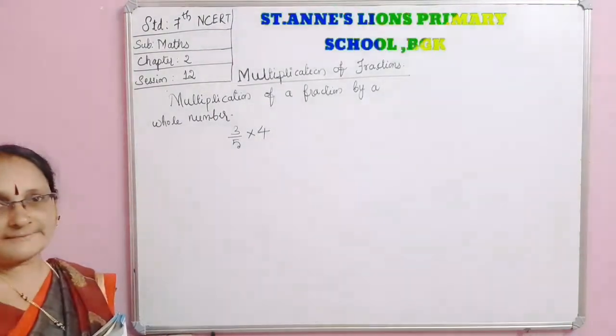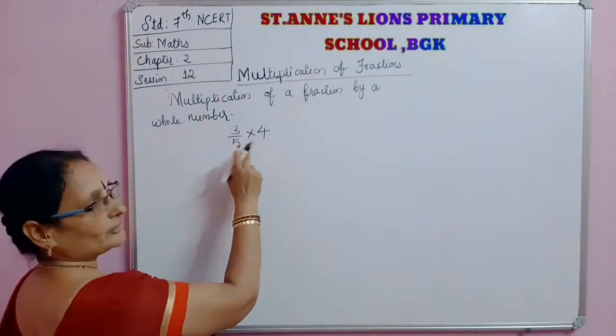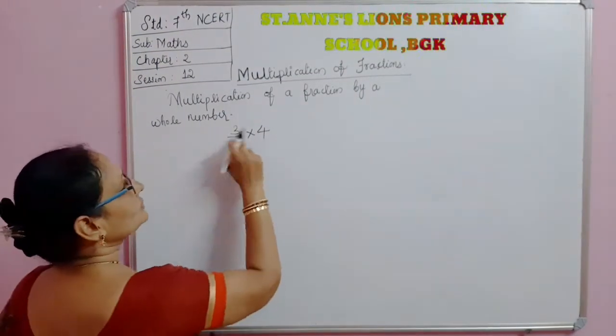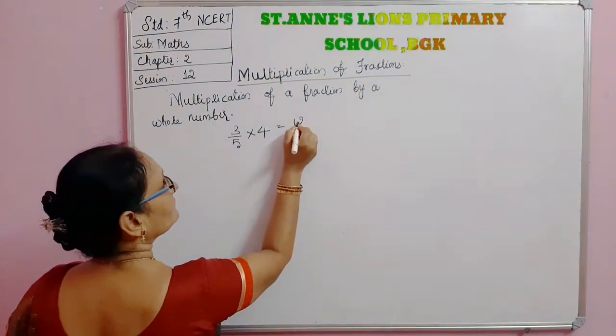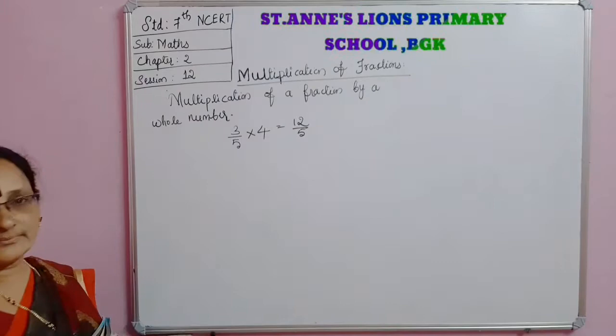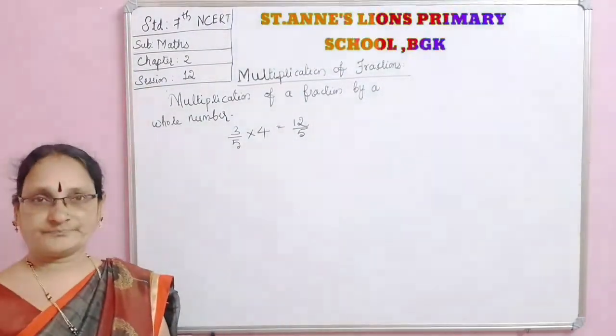How to multiply? Just numerator to numerator. Here there is no denominator, that means it is 1. Understood that it is 1. So 3 fours are 12, and 5 ones are 5. This is the method of multiplying a fraction by a whole number.